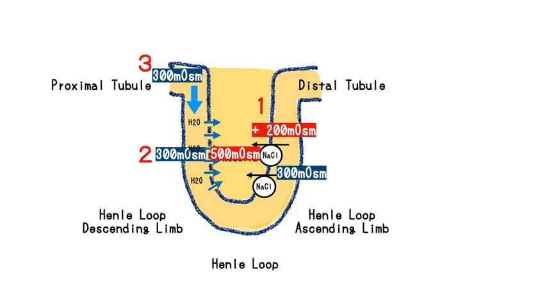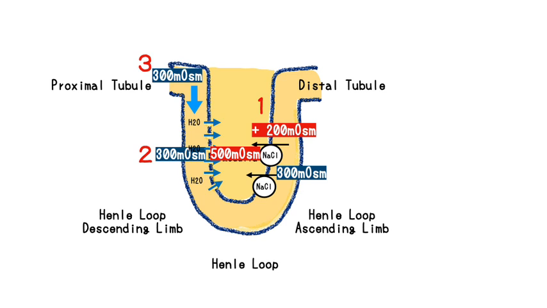When the osmolality of the interstitial fluid in the medulla increases to 500 milliosmoles, an osmotic pressure difference occurs between the interstitial fluid in the medulla and the raw urine in the descending limb of the loop of Henle. However, the descending limb of Henle's loop has a high water permeability, so water molecules move quickly and the difference in osmotic pressure between the inside and outside disappears.